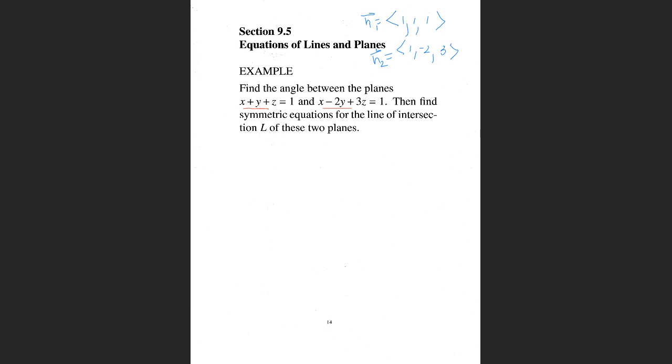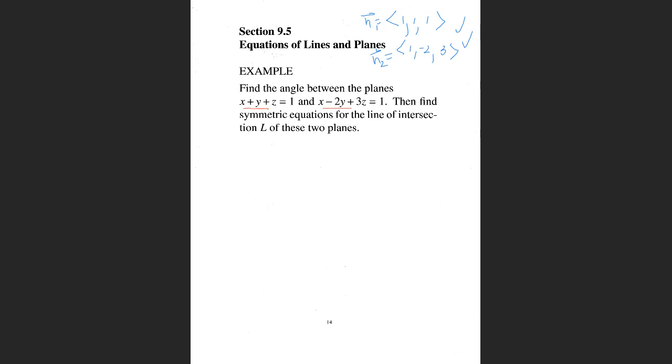These are not parallel vectors. That's right, those are not parallel. And so the orthogonal vector determines how the plane is oriented in space.